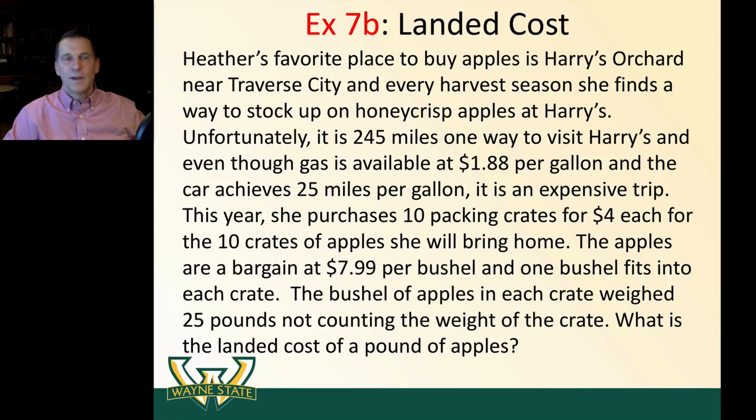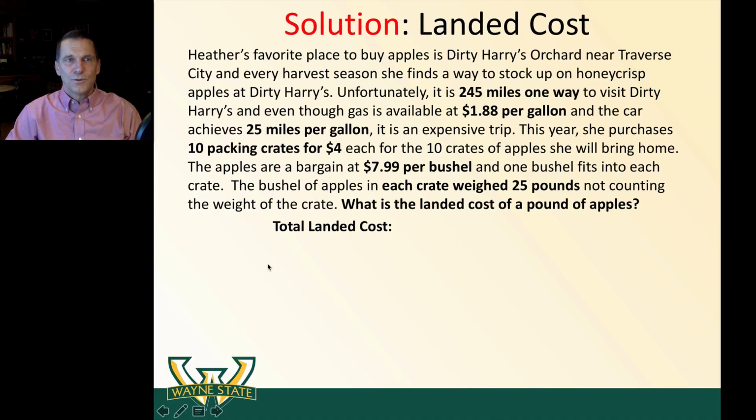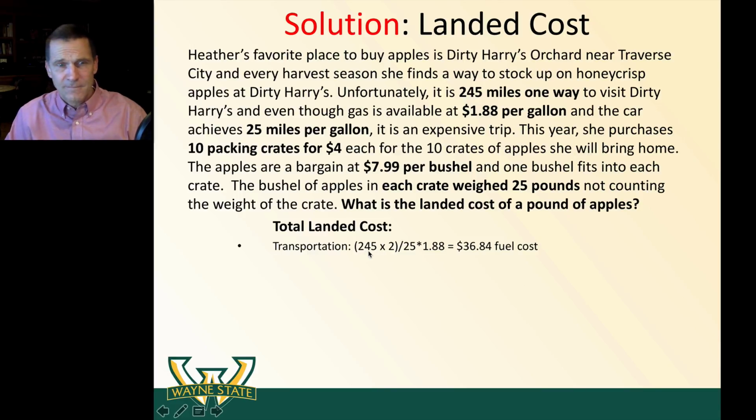Now, hopefully you took my advice and you already solved this, so we're just going to validate that you did it correctly. So we'll shrink down this part of the equation and start walking through it. The transportation at 245 miles times 2, because she's got to get home, needs to be divided by the 25 miles per gallon to get the number of gallons needed, and then multiplied by $1.88 to get the cost of the fuel.